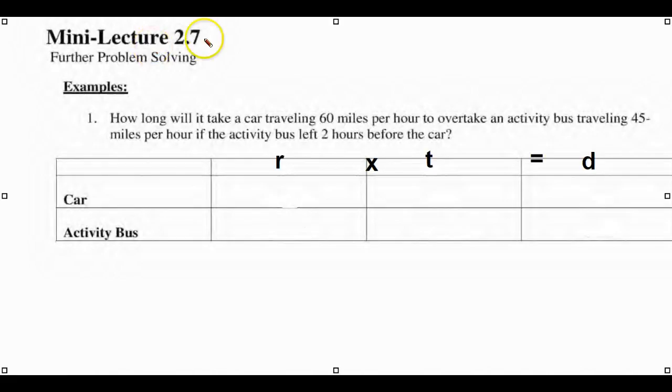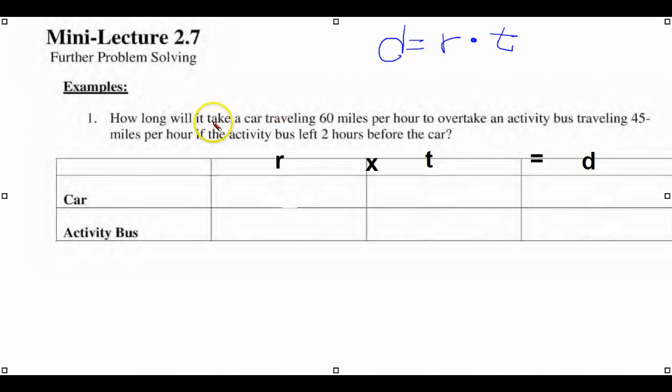Now in topic 2.7, we're doing some more word problems, but here we're going to feature distance equals rate times time. This is the distance formula. So when we have things like this, this is the formula we're using, and you can see I have it here as well.